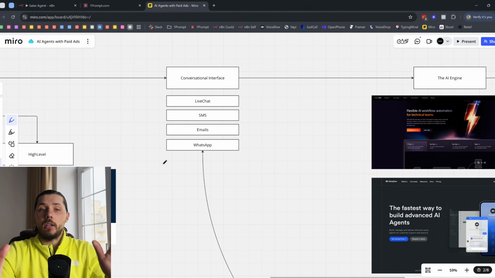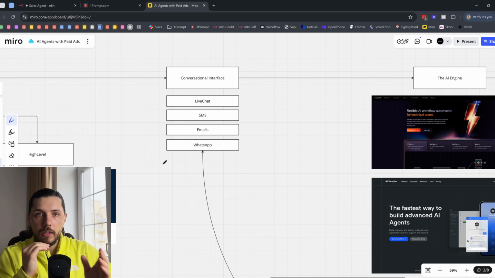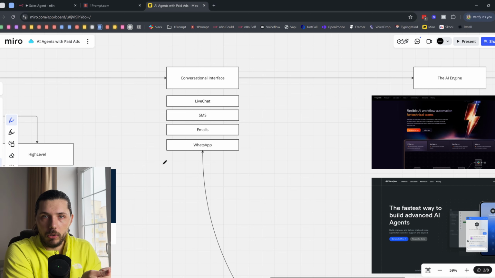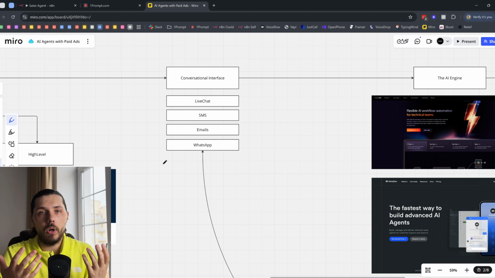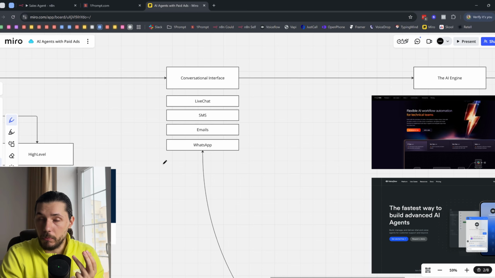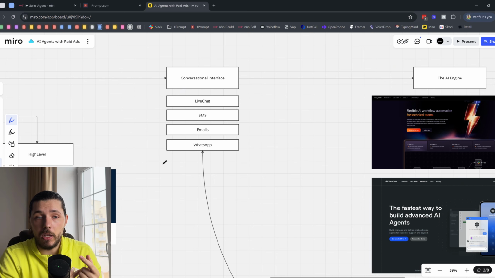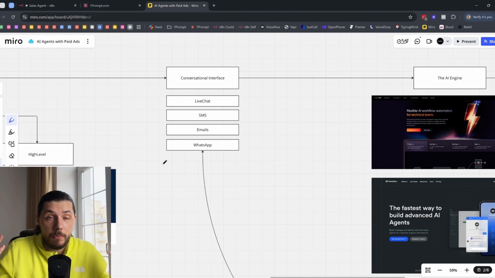Now, the conversational interface, because these are the agents that talk to clients. Again, it doesn't really matter what type of thing you're building. You would need either the live chat, SMS, email, WhatsApp, Telegram, Instagram, whatever the business you're dealing with.